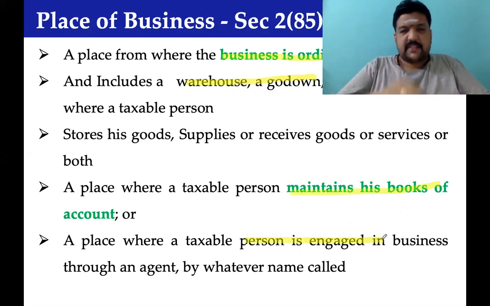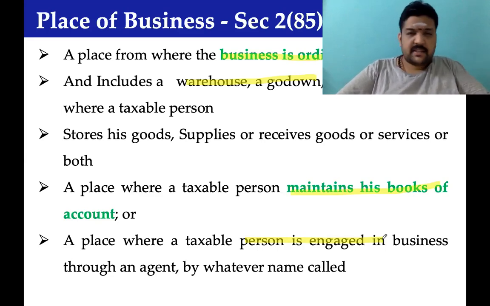All these places will be treated as place of business of that particular registered person. So, sir, if we have 3 godowns, whether that 3 godowns information has to be intimated to the GST department? Answer is simple: yes, because that is a place of business.